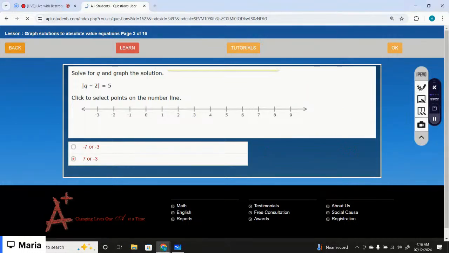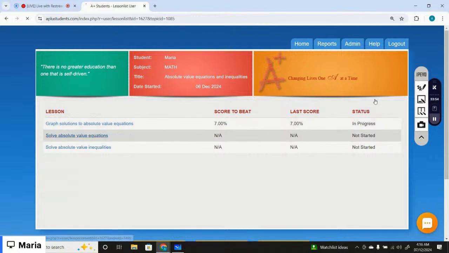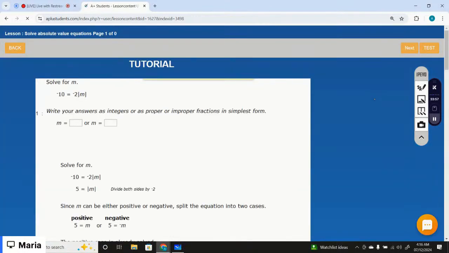Let's just start with the next lesson, that is solve absolute value equations.